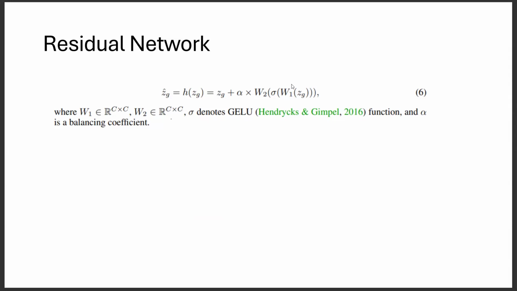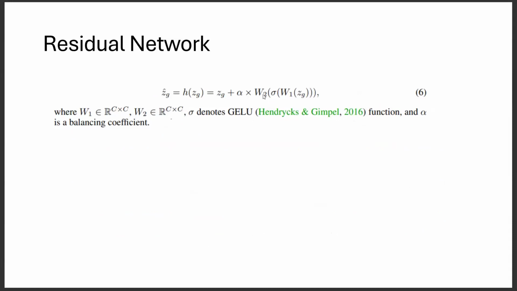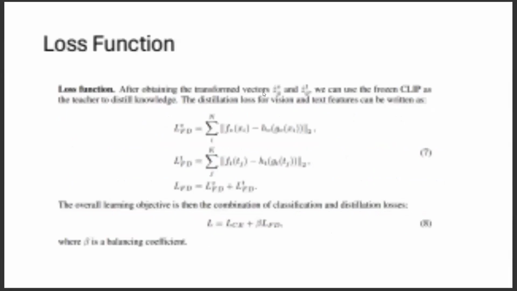Once the model starts training, the value of this W2 changes accordingly, and the student model updates according to the residual, based on the change that happens during training. They say if they initialize W2 as 0, the training stays much more stable.